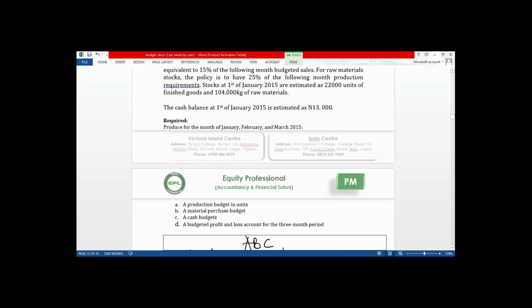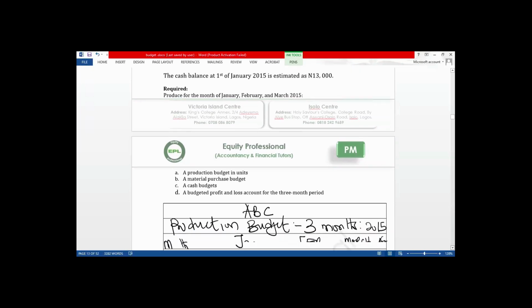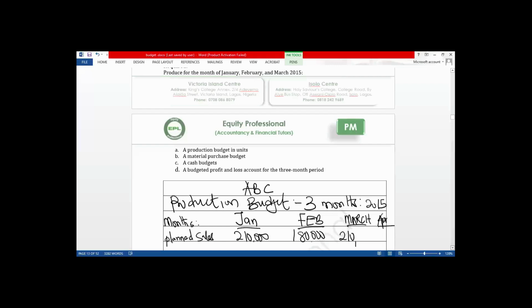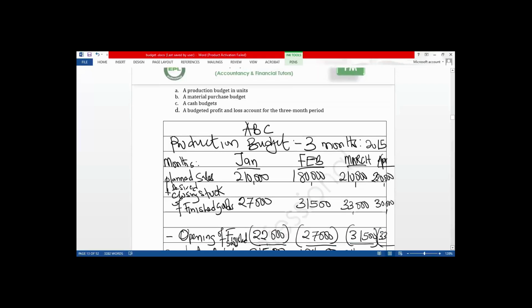Now let us look at stock at the end of March. Go to your production budget. Look at it. At the beginning of January, opening stock is 20,000.